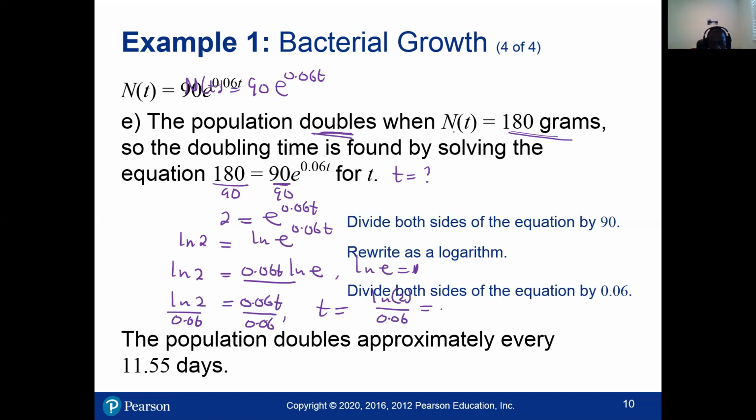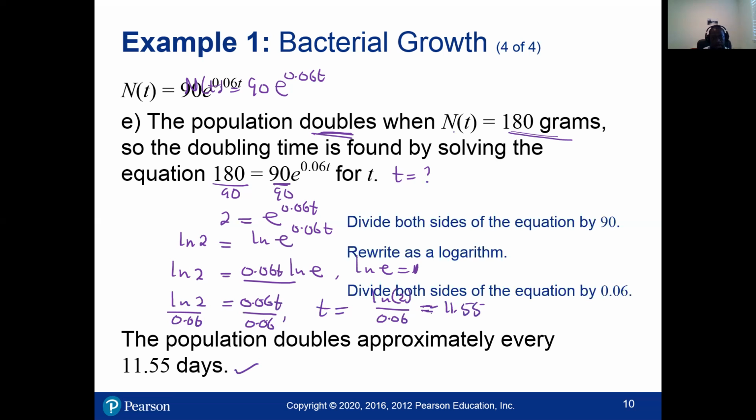That is equal to approximately 11.55. That means that the population doubles every 11.55 days.